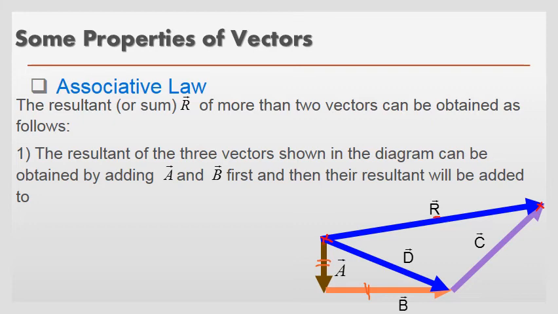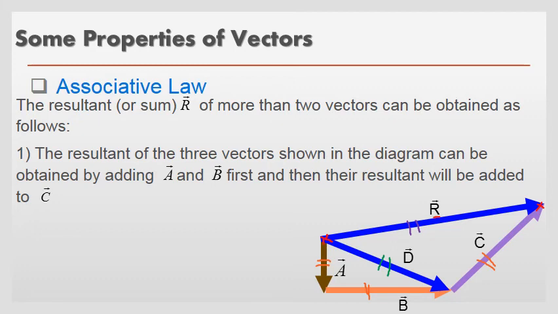Here, the addition of these two vectors will give the vector D. So next, we will add this vector D to the vector C, and the final result will be the sum or the resultant vector R.